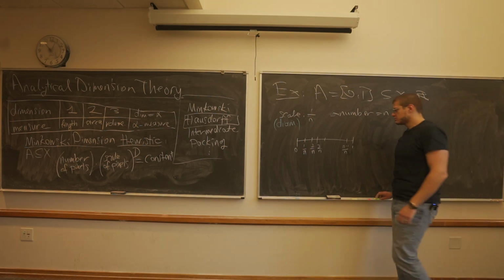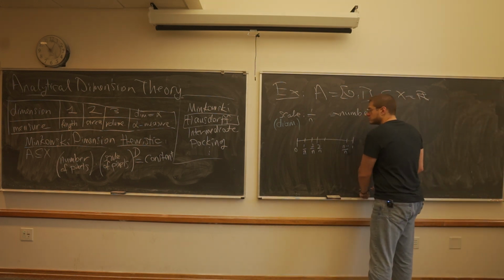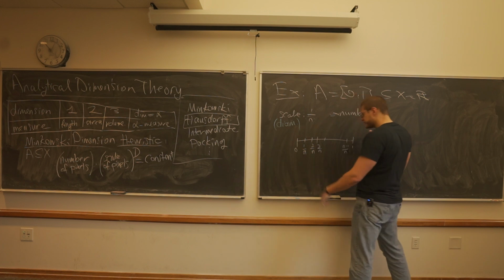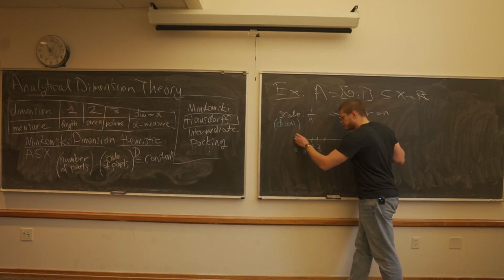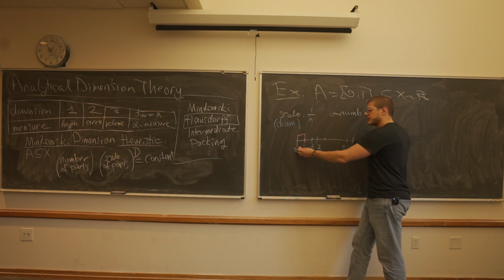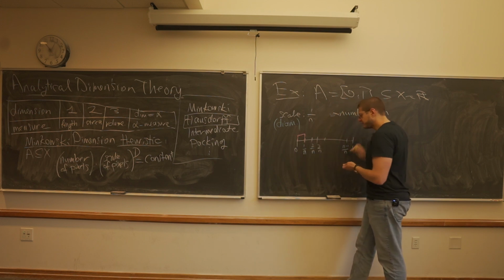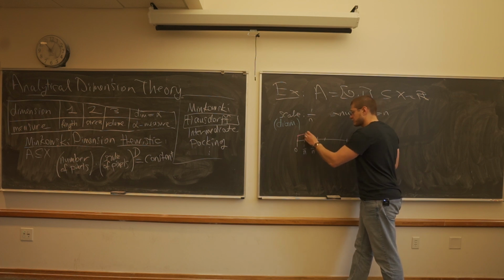Okay. So how many are there? I have n many. This is the first. It's a closed interval. Diameter is 1 over n. Then this is the second, and so on.